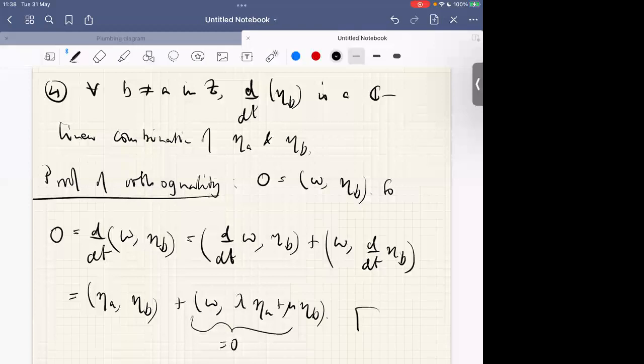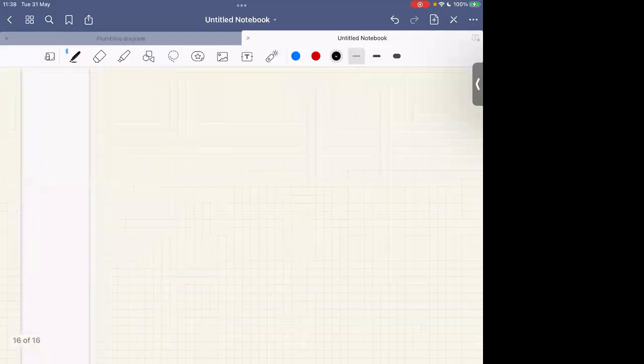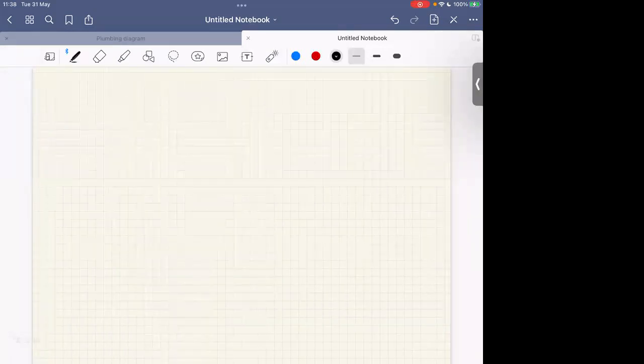So orthogonality is proved. The reason I emphasize this is that we don't have a formula in general for computing these cup products, even though we can write down the forms. So everything depends.